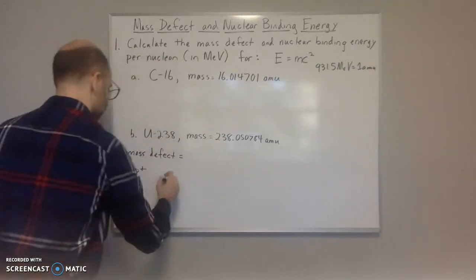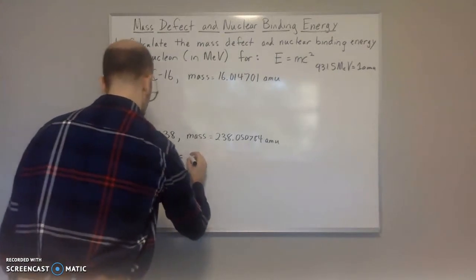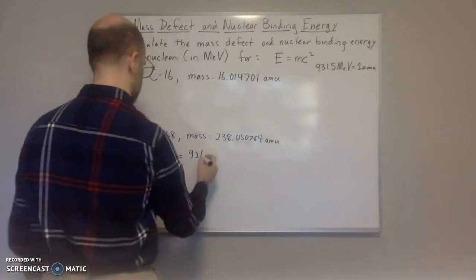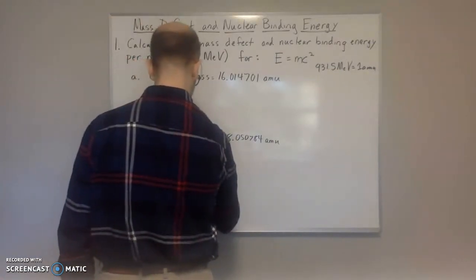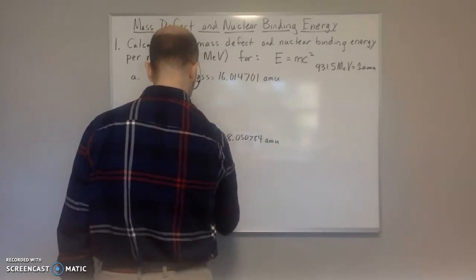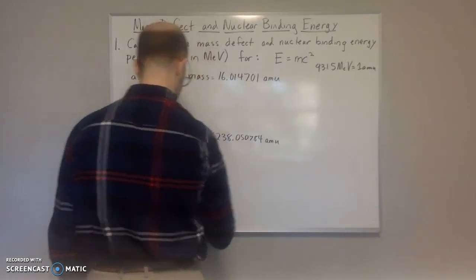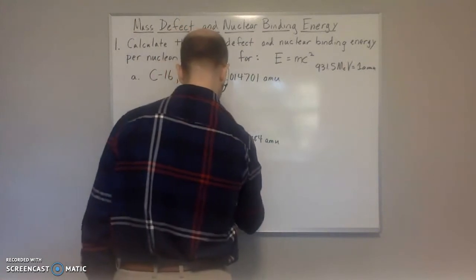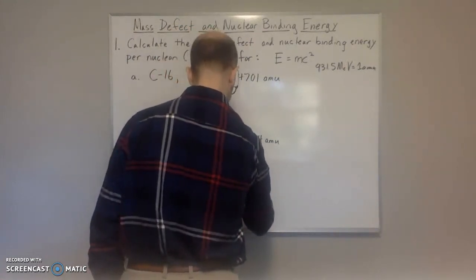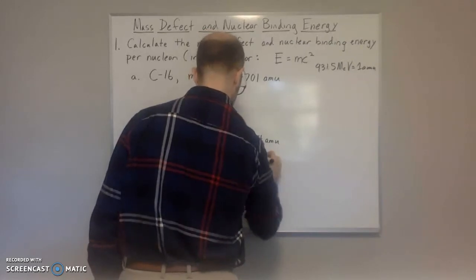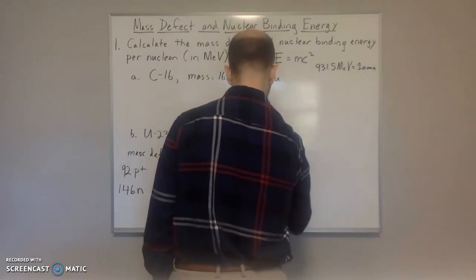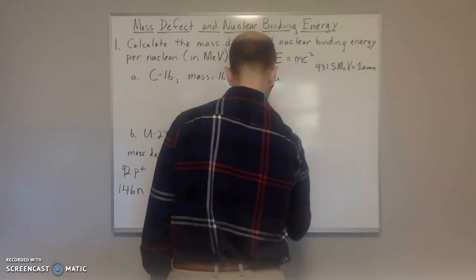Now we've got to add these together. So we're going to have 92 times, again, the mass of the proton, so hydrogen, which is 1, plus 146 neutrons, minus the mass of uranium-238.